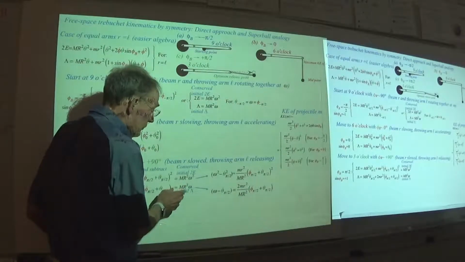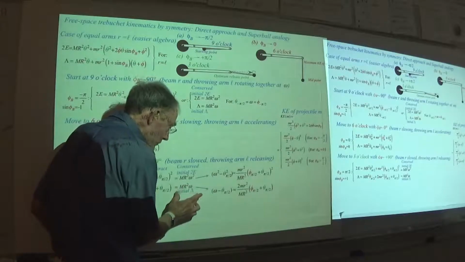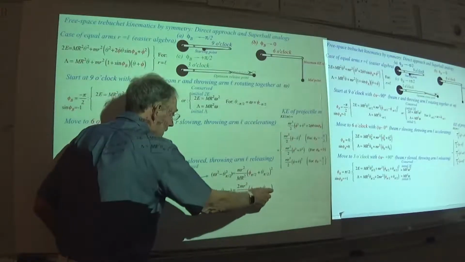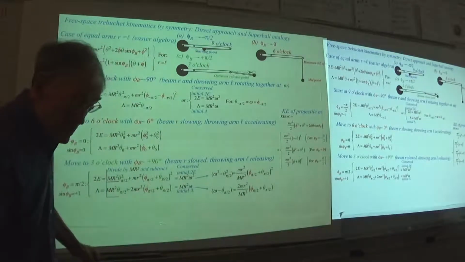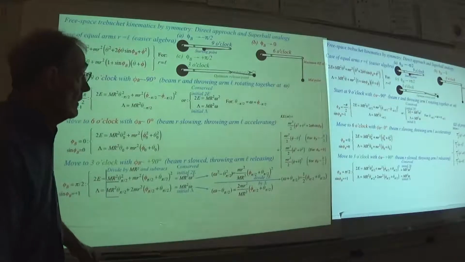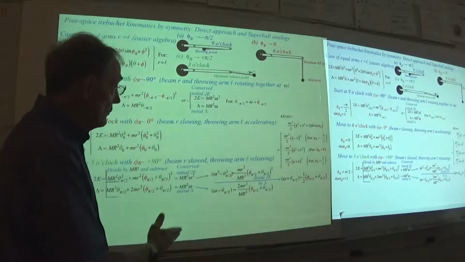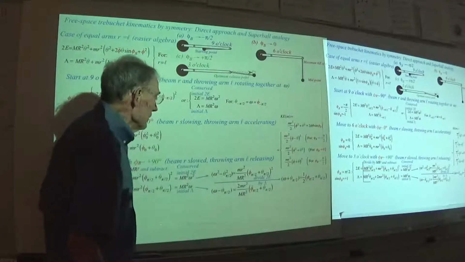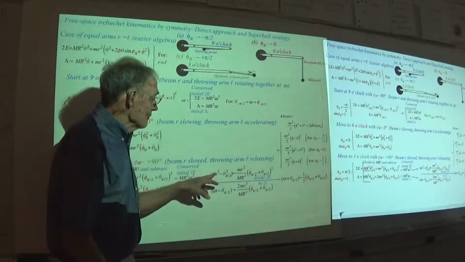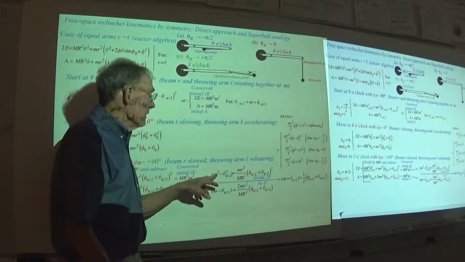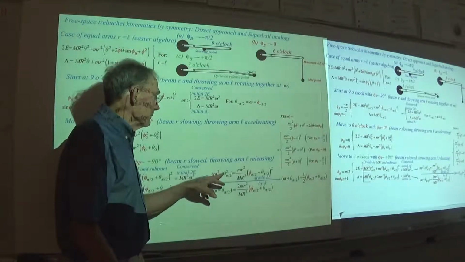Same thing with the initial angular momentum. That is the same numerical value, but algebraically it has this. So this is where we get the answers. Then just divide this by that. So we have omega squared minus theta dot squared. That's omega minus theta times omega plus theta.